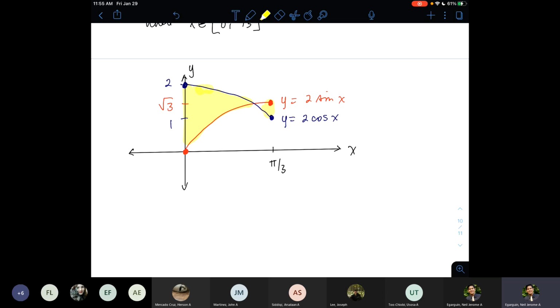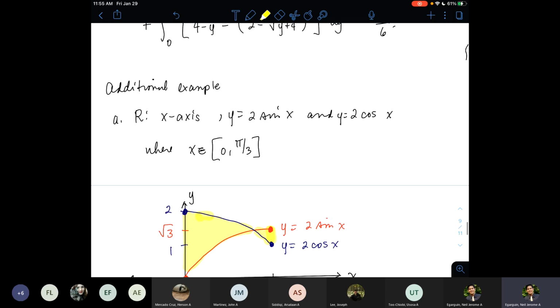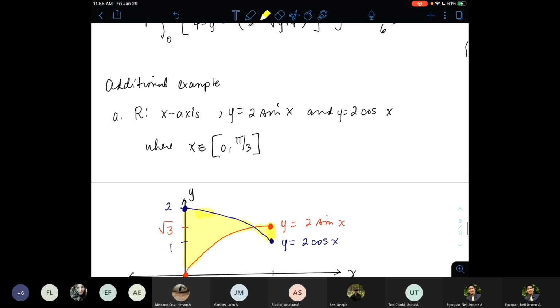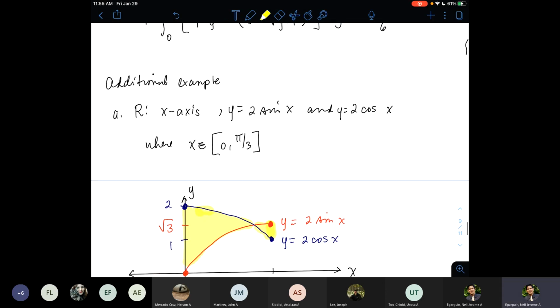this and this, right? Because we're looking at the region bounded by the two curves over 0 to, sorry, let me see, the x-axis. The problem says it's bounded by the x-axis and the two curves. Yeah, I'm thinking about that, Muriel.